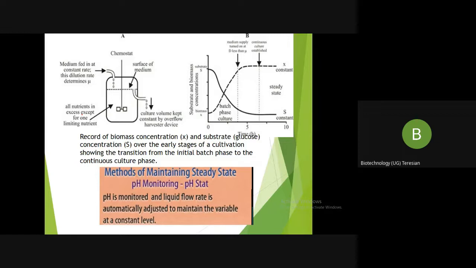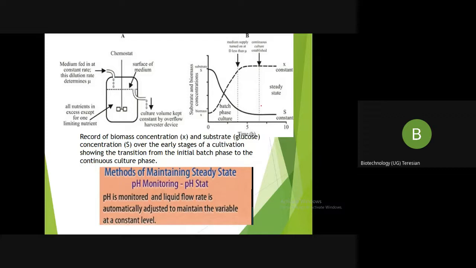that particular microorganism. So this is the record of biomass concentration X and the substrate glucose concentration S over the early stages of cultivation, showing the transition from the initial batch phase to the continuous phase.